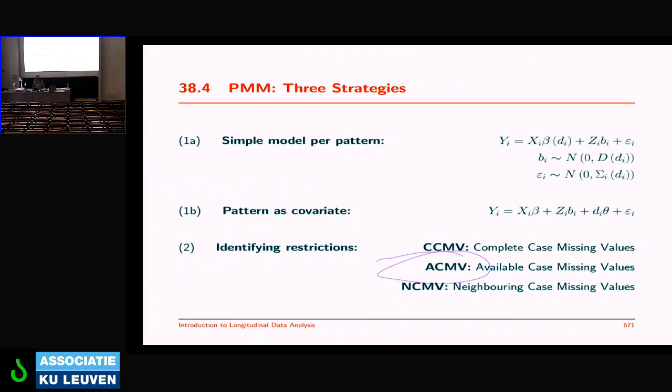And neighboring case missing values is where the distribution of what is missing given what's observed you get from the nearest neighbor, and only from the nearest neighbor, not from the other patterns that are also more complete than this pattern. For example, if you have 3 measurements and number 4 is missing, you can borrow number 4 from the pattern with 4 measurements, the neighboring pattern.